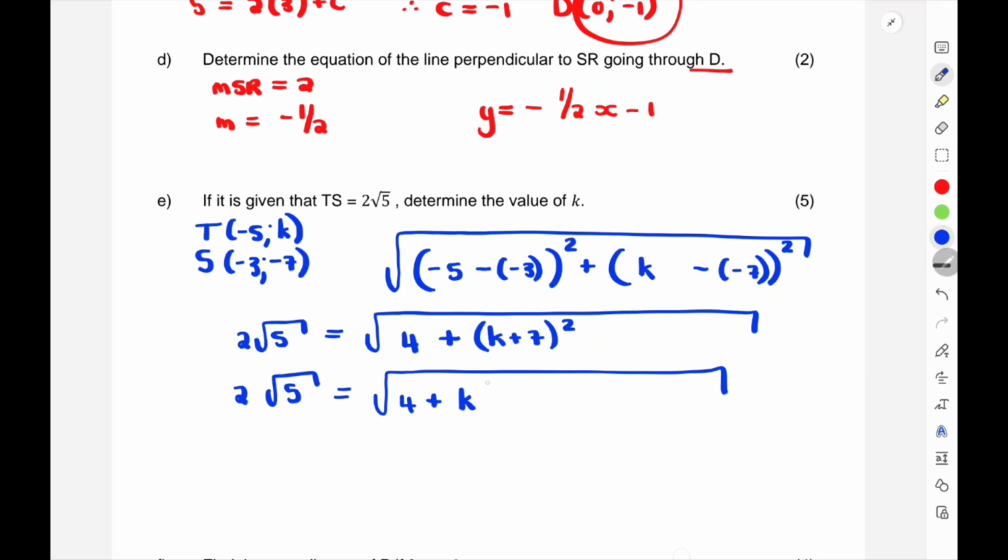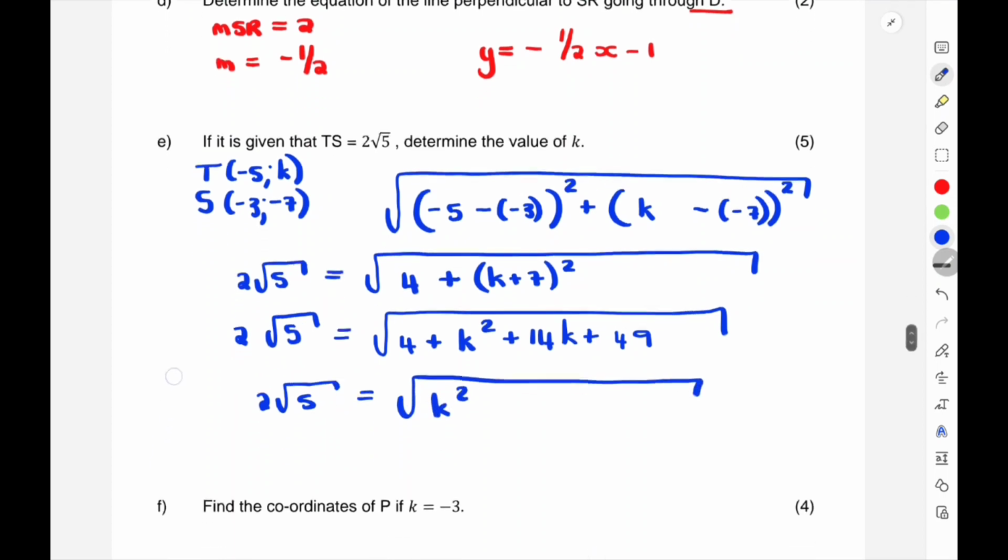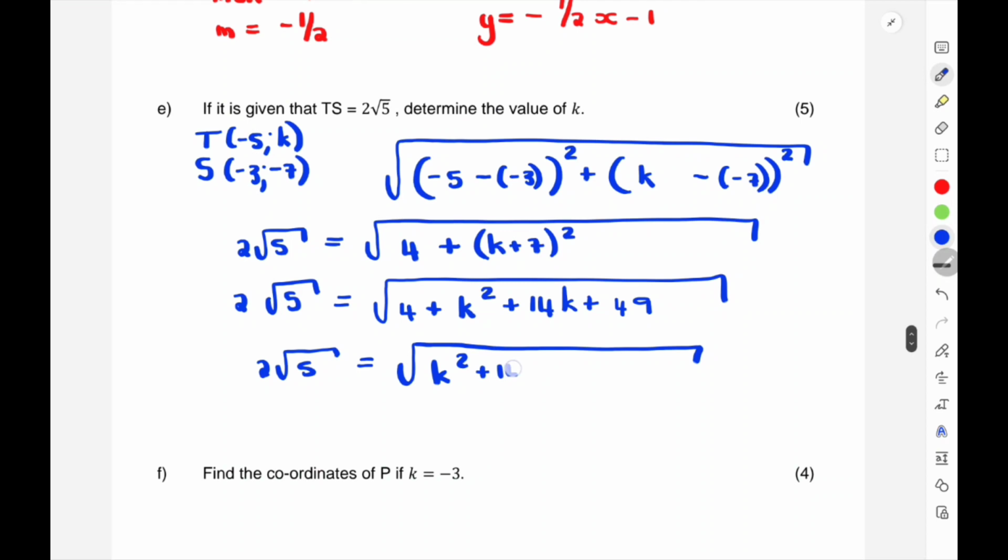K squared is K squared, plus 7 times K times 2 is 14K, plus 7 squared is 49. 2 square root of 5 is equal to K squared plus 14K plus 53.